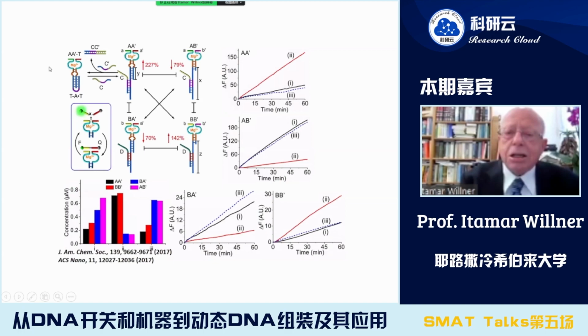Indeed, this is exactly what happens. What you see here are basically the responses of the DNAzyme units. I'm not going to describe them in detail, but after analyzing them, AA prime increases in the reconfigured network by about 200%. This one increases in content by about 150%.